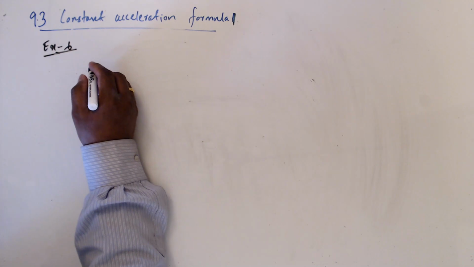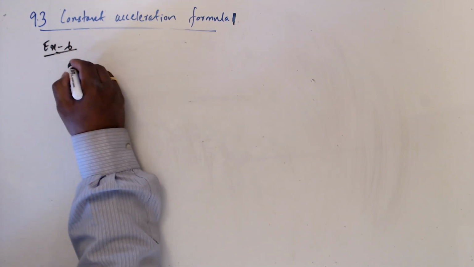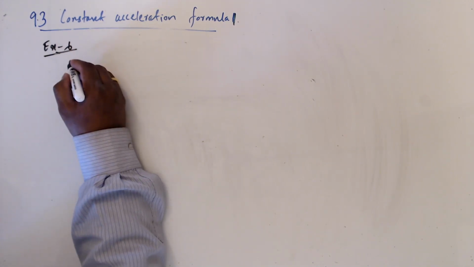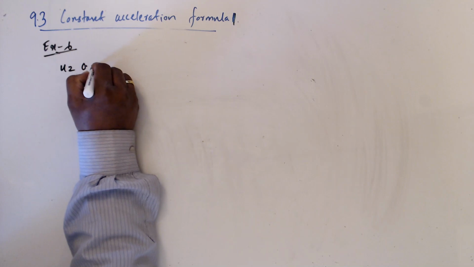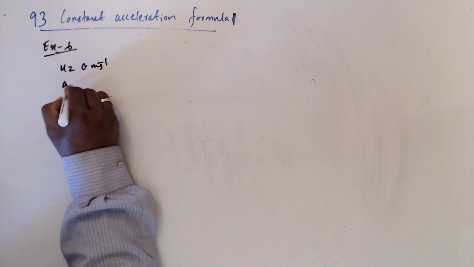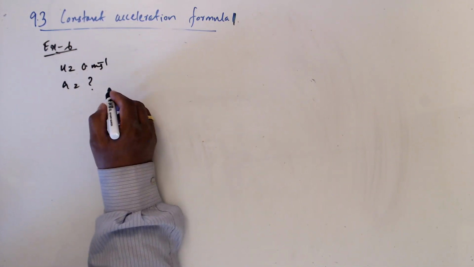Question number 6, example 6. A car moves from a traffic light along a straight road with constant acceleration. So U equals 0 m/s, and A we don't know. The car starts from rest at the traffic light.